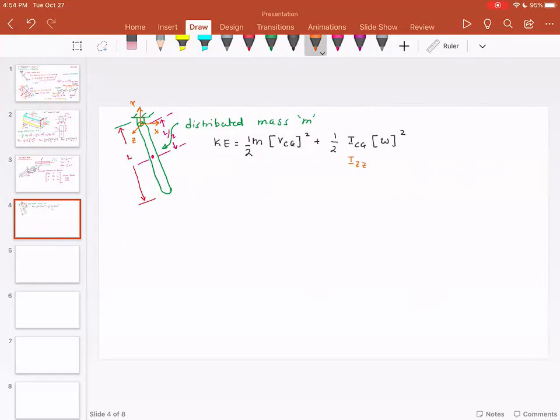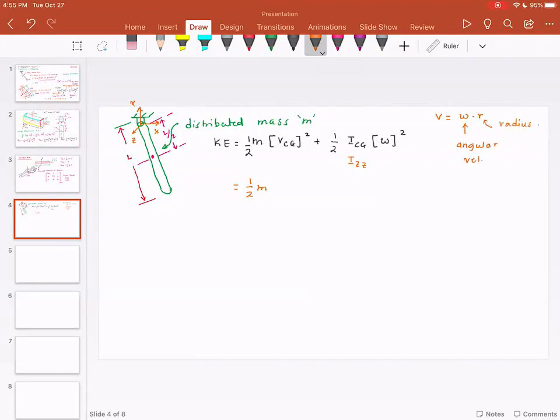So I'm going to write this expression down, which is 1/2 m. Velocity is always omega times r, where omega is the angular velocity and r is the radius.